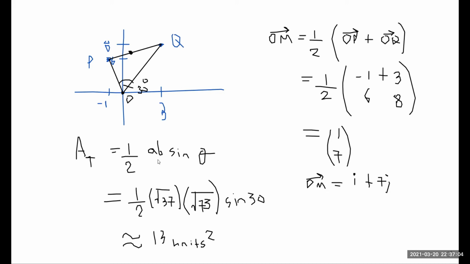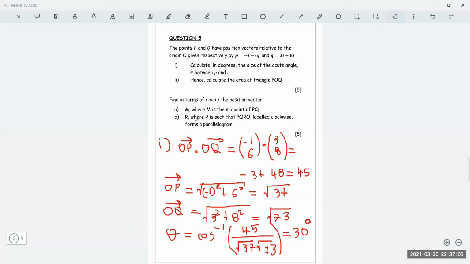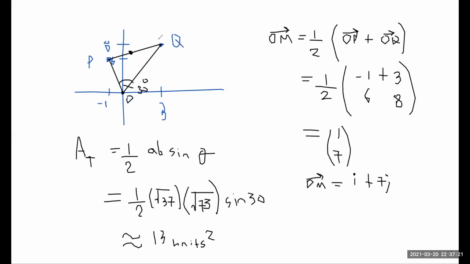They said that R is such that PQRO, labeled clockwise, forms a parallelogram. PQRO. Somewhere here is R. We don't know where R is, so I'm just going to put a rough guesstimate.